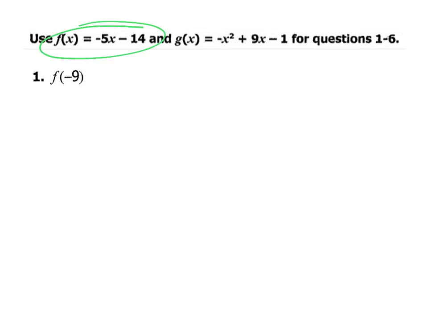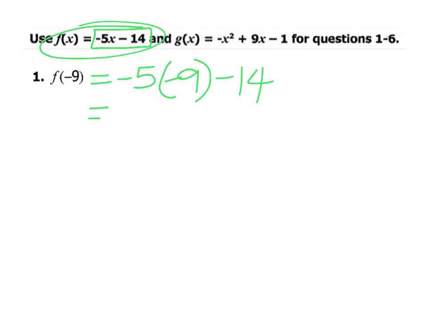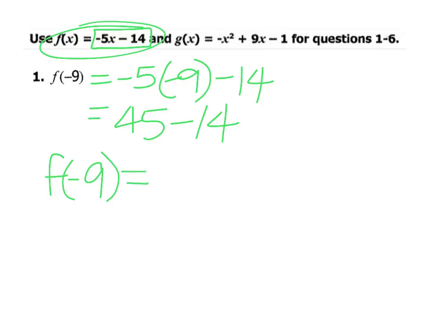Every time we see an x value, we're going to substitute in negative 9. So f of negative 9 equals negative 5 times our x value that we're putting in, negative 9, minus 14. Now it's just solving. Negative 5 times negative 9 gives us 45 minus 14. So f of negative 9 equals 31. And you're done.